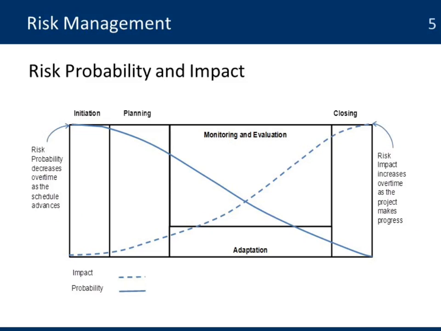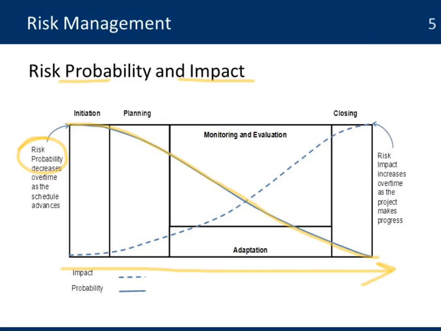One of the tools that we use to have a better understanding of the relationship between probability and impact of a risk is this: during the lifetime of a project, from the beginning to the end and in the different phases, the risk probability is high at the beginning, but it goes down by the time you're closing the project, because probability is dependent on timing, and the more time you have, the more probability that an event might happen.